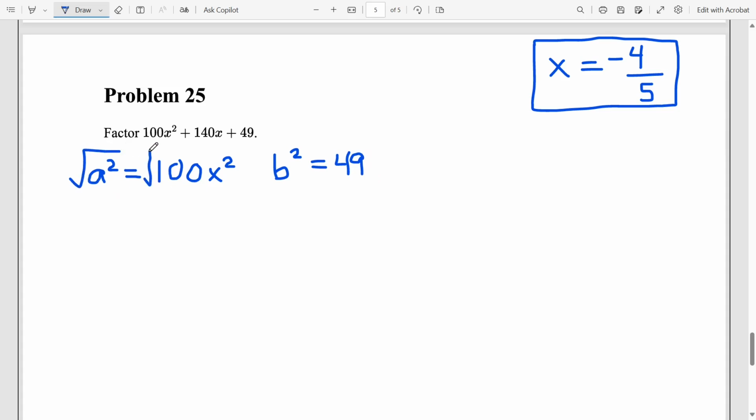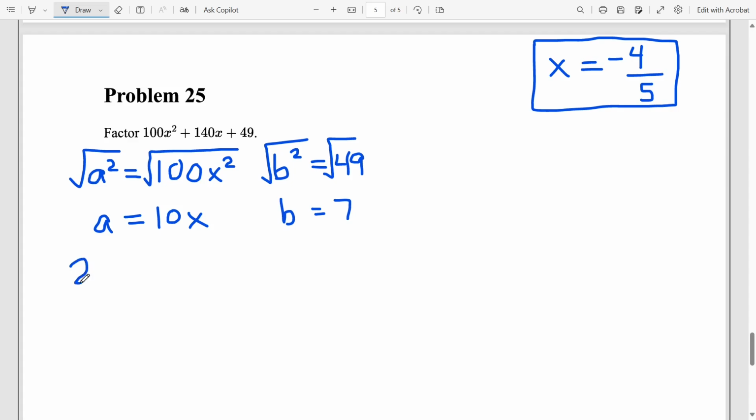That means if I do one thing to the left-hand side, I have to do it to the right-hand side. So the square root of a squared is a. Square root of 100x squared is 10x. To solve for b, I'm going to take the square root of b squared, which is b. I also have to take the square root of 49 on the other side, and that's going to be 7.